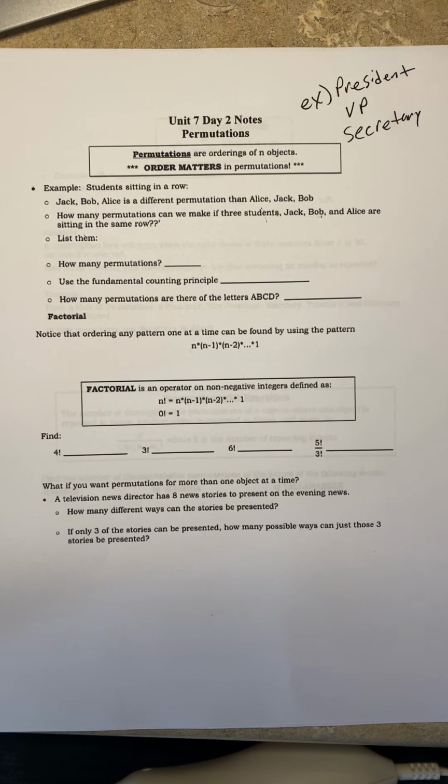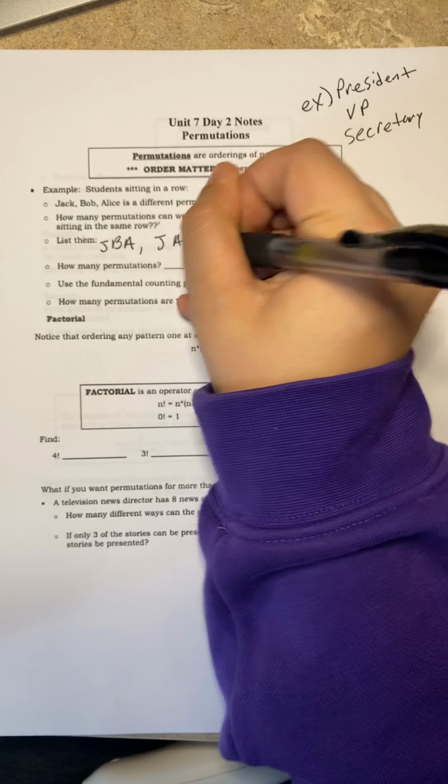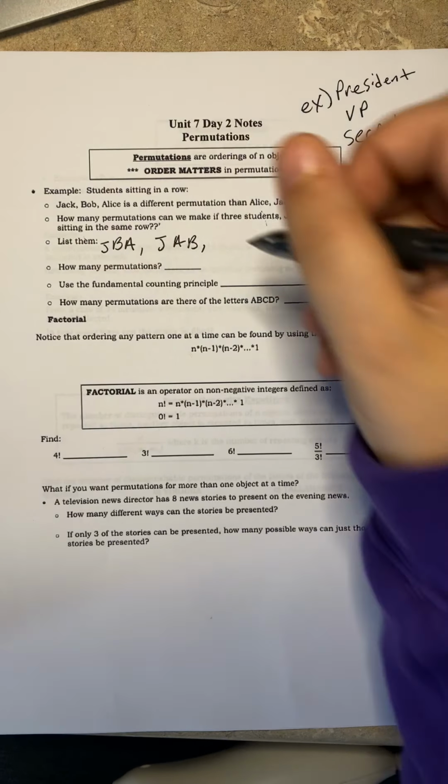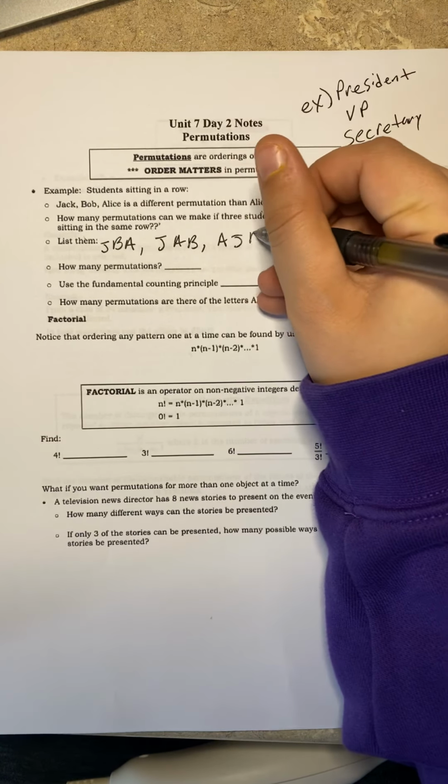So how many permutations can we make if we have those 3 students sitting in the same row? For example, you could have Jack, Bob, and Alice, but then you could also have Jack, Alice, and then Bob, okay? Or you can switch up who's going to go first. You could put Alice first, and then Jack and then Bob, or switch up Jack and Bob and put Alice, Bob, and Jack.